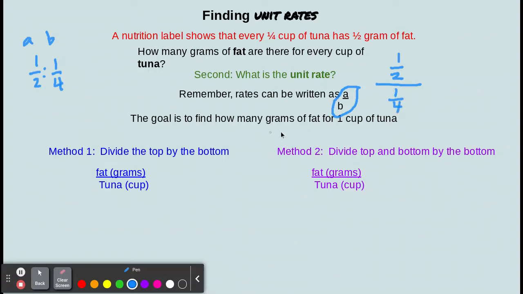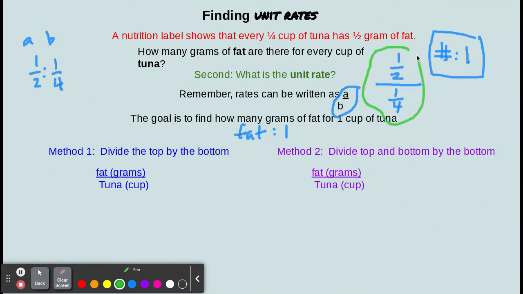Now our goal is to find how many grams of fat we have per 1 cup of tuna. Remember I said a unit rate is a number to 1. That's our unit rate. We have two different methods. The first method is you could divide the top number by the bottom number.